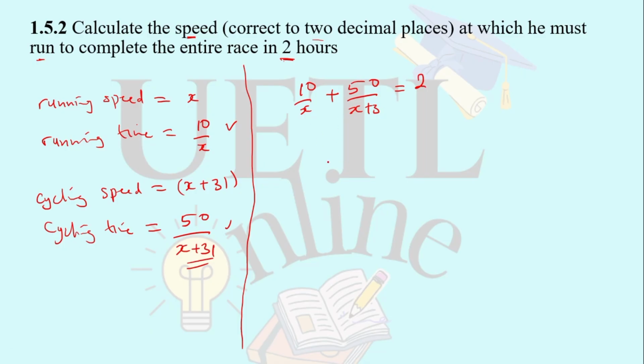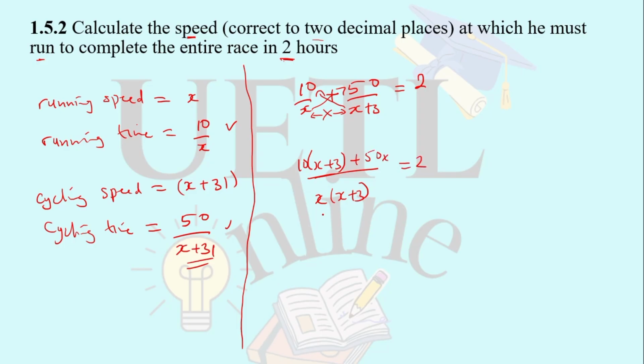Our simplification is going to go like this. If you have two fractions and you want to simplify them better, you multiply the denominators, then cross multiply. So it becomes 10 times x plus 31, plus 50x, equals 2 times x times x plus 31.